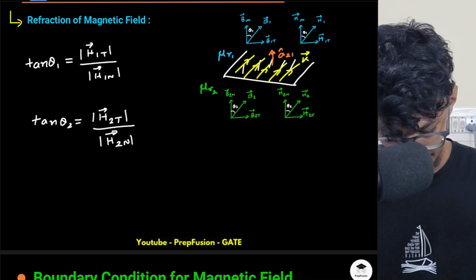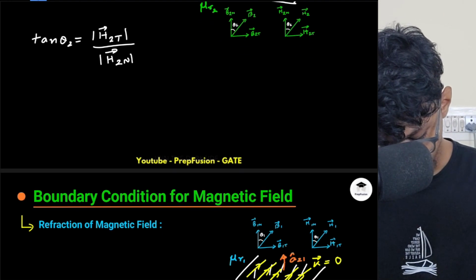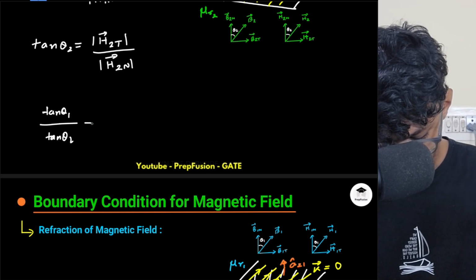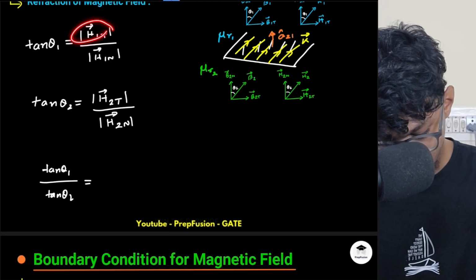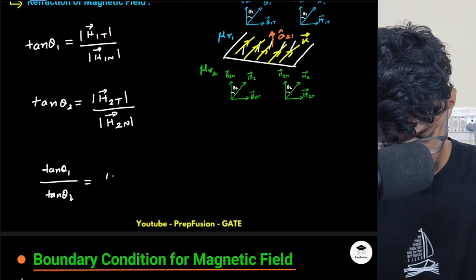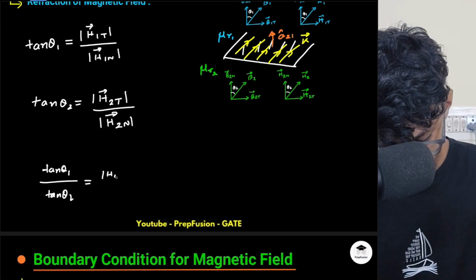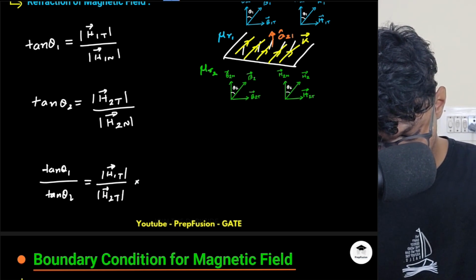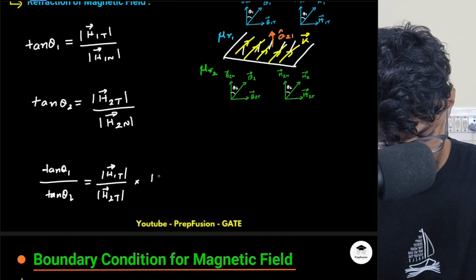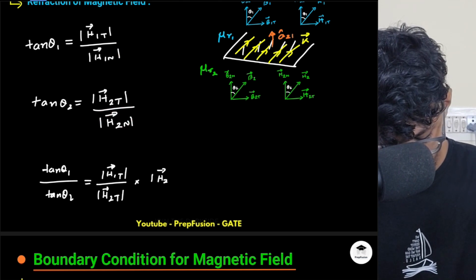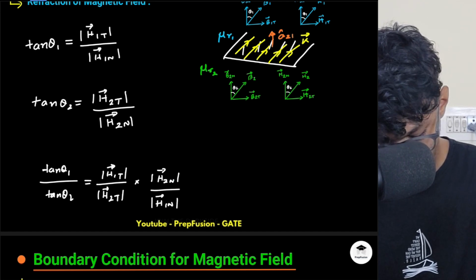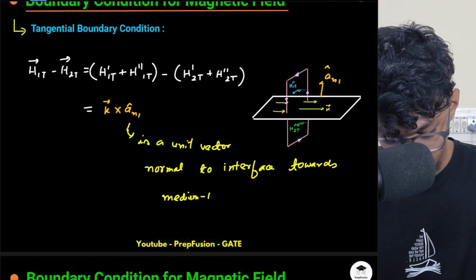It will be the ratio of the magnitude of H1t divided by H2t, into the ratio of H2n divided by H1n.